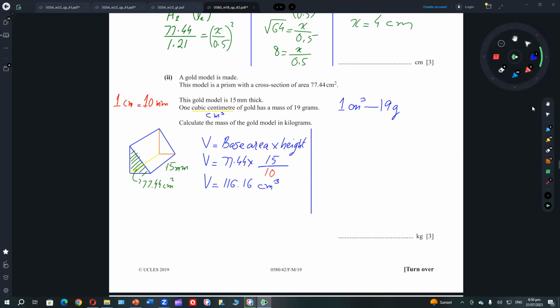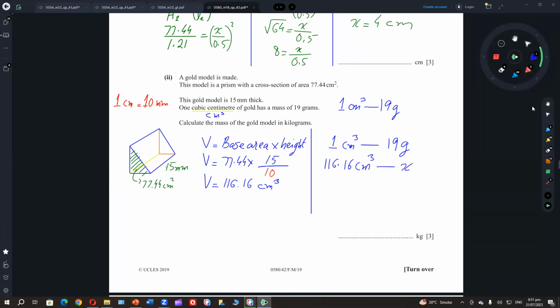Now apply ratio. 1 cm cube is 19 gram. I have 116.16 centimeter cube.